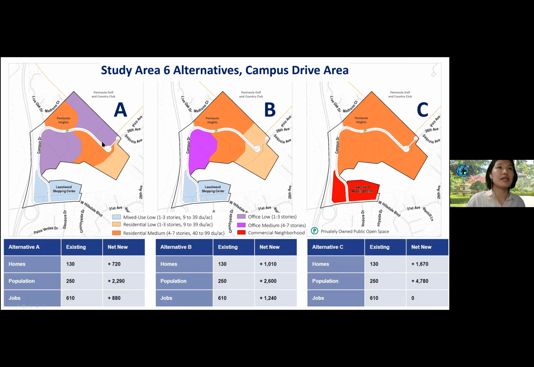And so A would look at maintaining some of the offices, whereas B would look at introducing more residential uses while increasing or concentrating office to a medium use over here on Long Campus Drive. And alternative C would look at keeping it all at medium residential. And so here we have Lowerwood Shopping Center. It's proposed as mixed use low in A and B, and C would look at commercial neighborhood use.